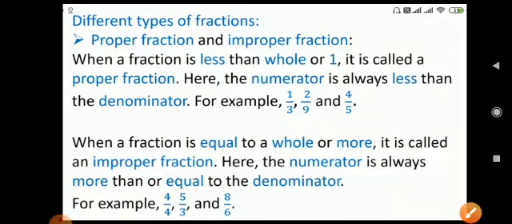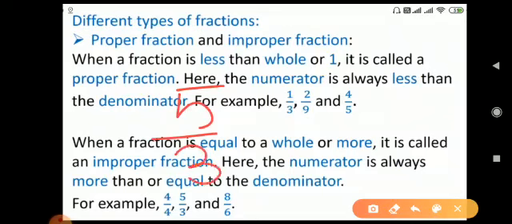In another fraction, 5 upon 3, 5 is greater than 3, means numerator is greater than denominator. So, it is called improper fraction. Same way, in 8 upon 6, 8 is greater than 6.